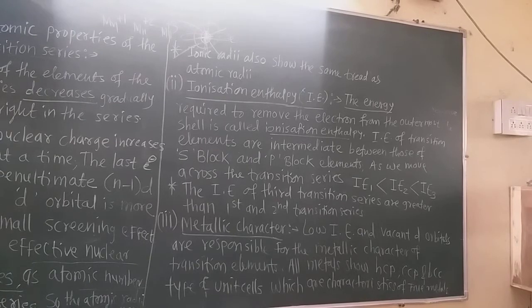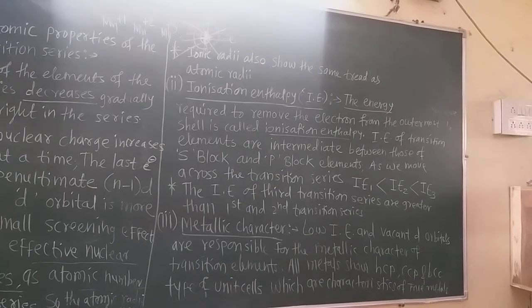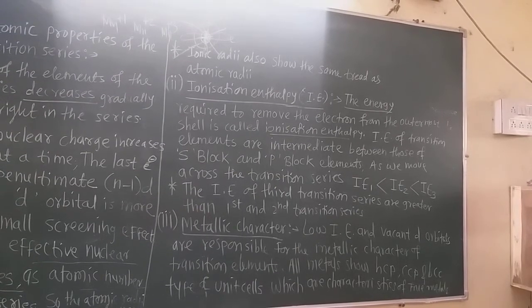The valence electron experiences greater pull, greater nuclear attraction, due to the diffuse size of the f orbital also, and a greater amount of energy is required to ionize that element of the third transition series. Therefore the ionization enthalpy of the elements of the third transition series is much higher as compared to the first and second transition series. Third transition series means 5d series.